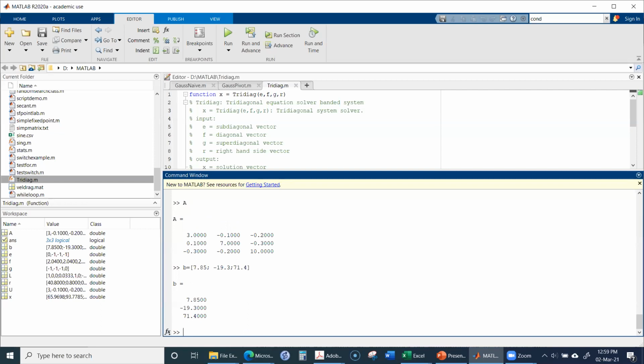Now I want to apply the algorithm for the LU decomposition. For the solution of these equations using LU decomposition, there are two steps.